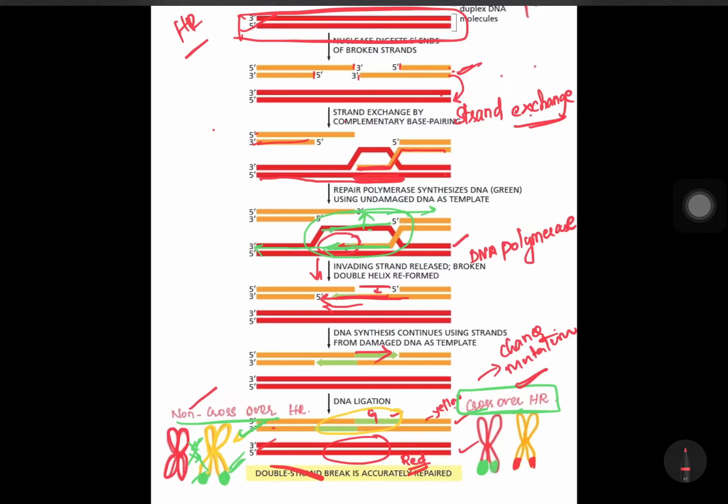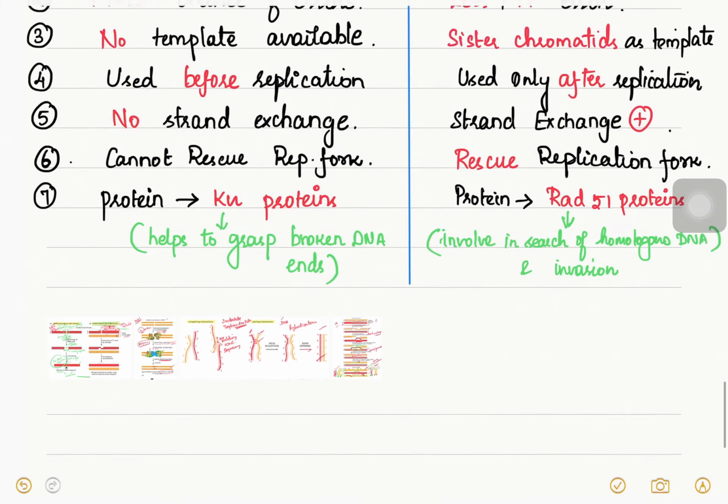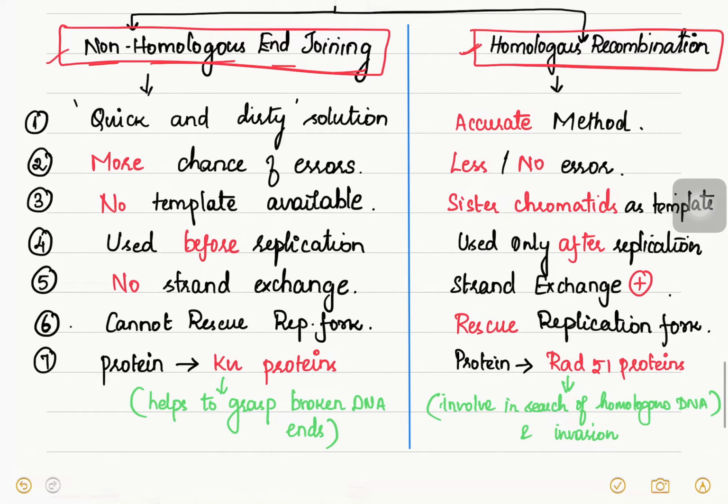So now we have discussed both homologous recombination and non-homologous end joining, but there are 7 points of difference which are very important for understanding. We have already discussed these 7 points, but now we are just going to see them as differences. So first it is non-homologous end joining.